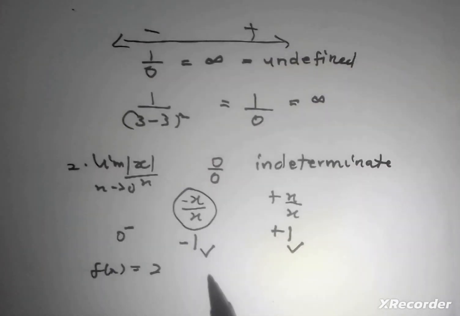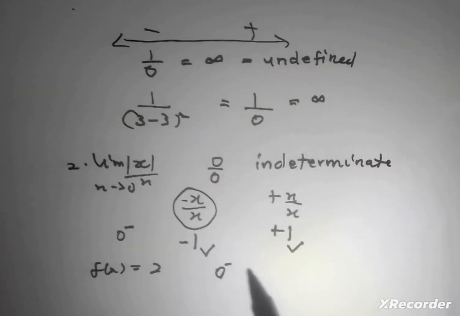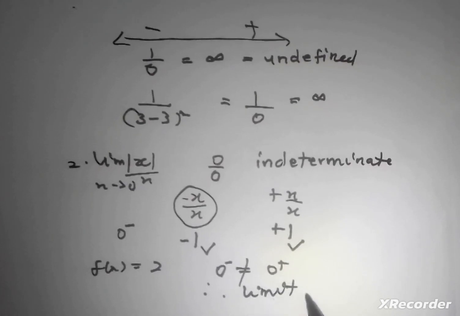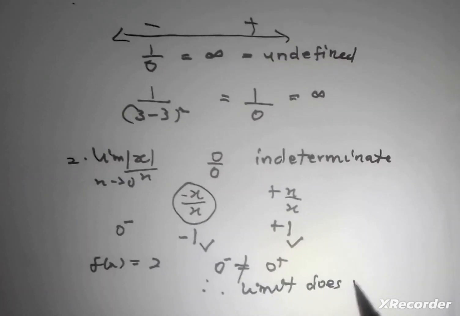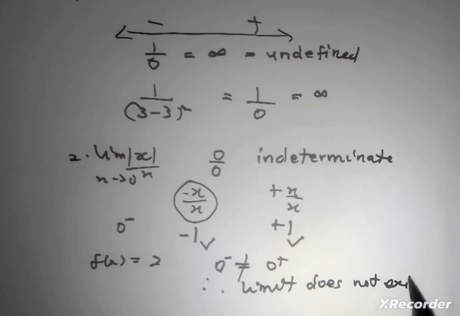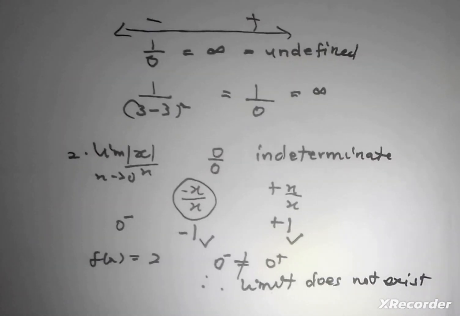We will realize that the left and the right limits, 0 minus and 0 plus, are not the same. Therefore, the limit does not exist. There is a discontinuity between the two. It's two separate parts because one part is giving us negative 1, the other part is giving us positive 1.